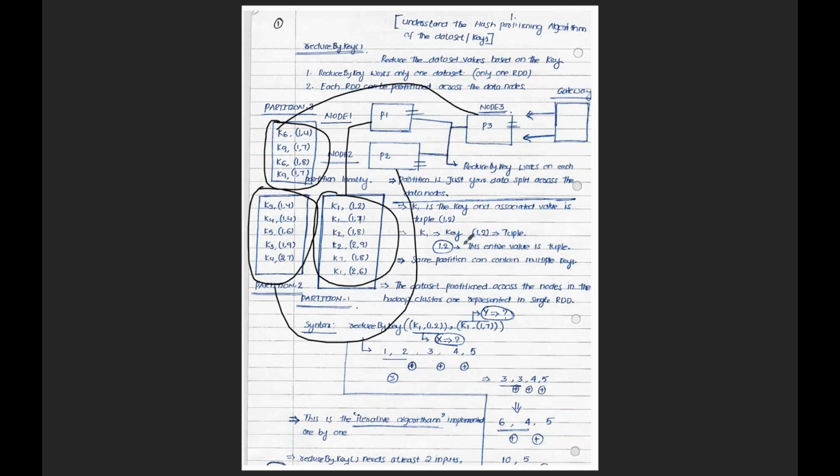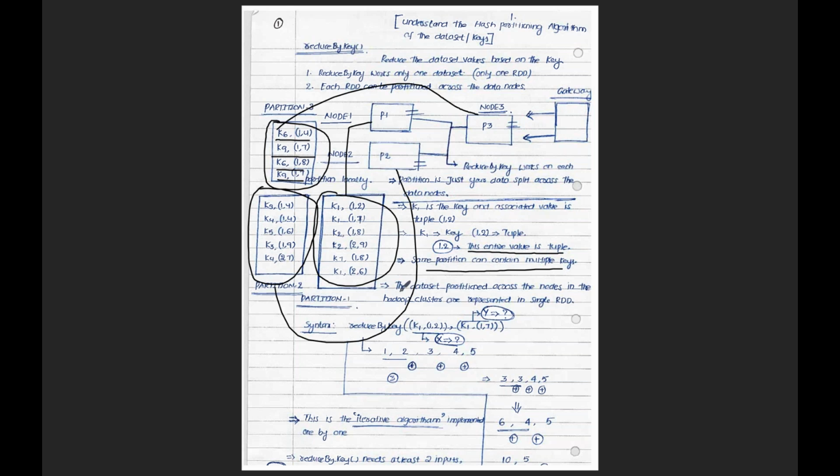If you see 1 comma 2, this entire value is a tuple. It is not just one key and one value, it is one key and an entire value. Now, the same partition can contain multiple keys. That's absolutely right. This key with multiple values, this key with multiple values.